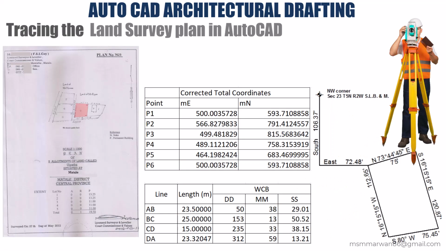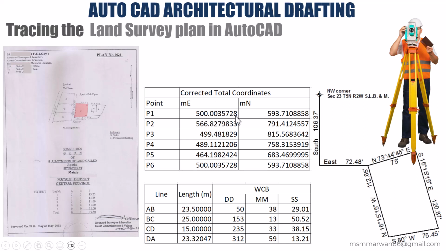Now if I come back to the same first slide again, we can understand better. The land surveyor is producing the land survey plan, and we should be able to deal with that, how to scan it and take it into AutoCAD and proceed with the drawing. Sometimes they'll give the coordinates, for example like this, meter east and meter north.